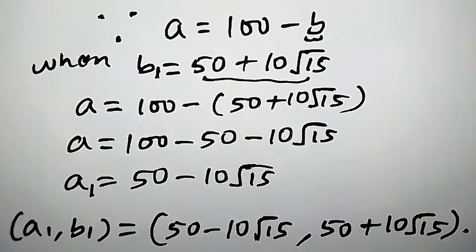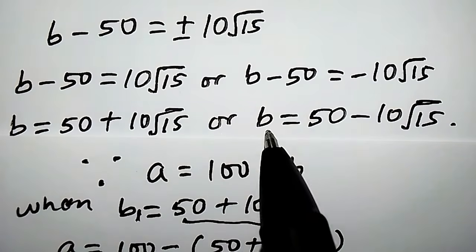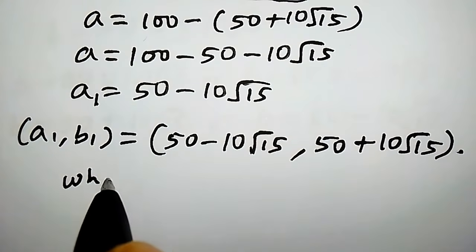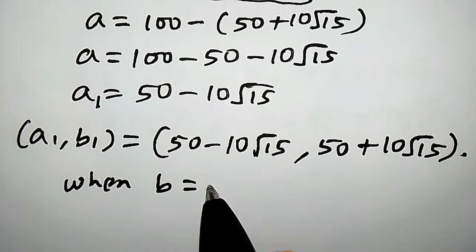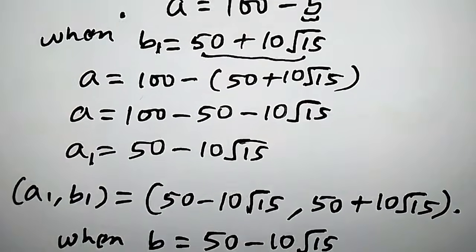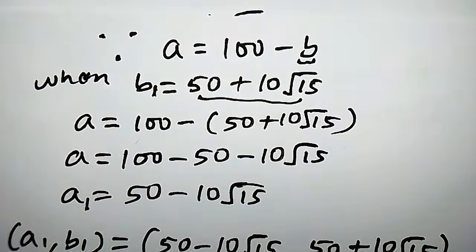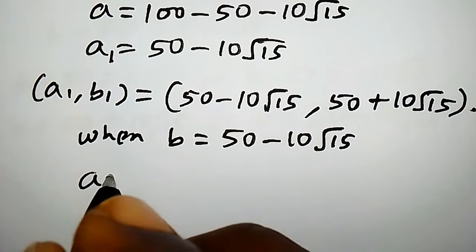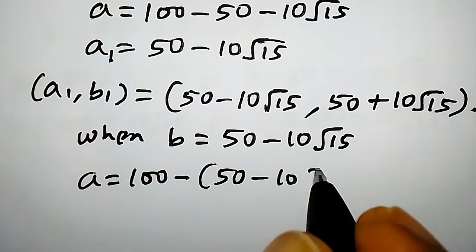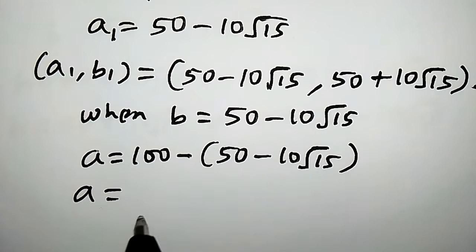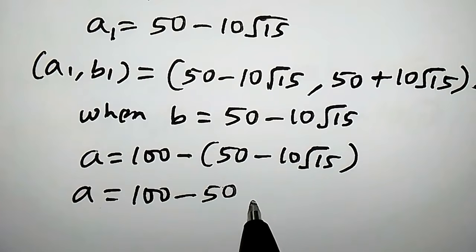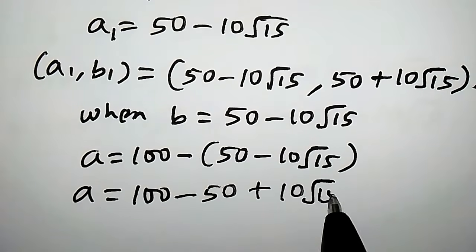Now let us consider the second value of B. When B is equal to 50 minus 10 root 15, what we just have to do is substitute it here. So we are going to have A equal to 100 minus 50 minus 10 root 15. A equal to 100 minus times 50, that is minus 50, minus times minus, that is plus 10 root 15.